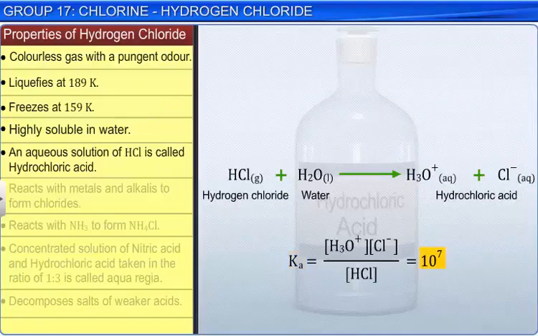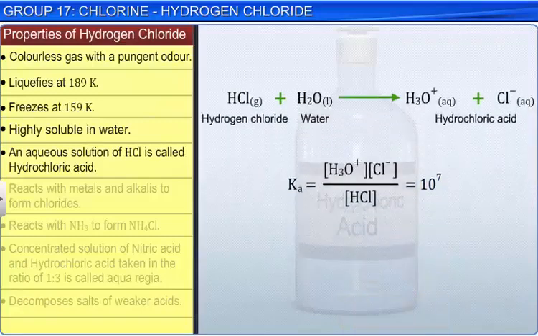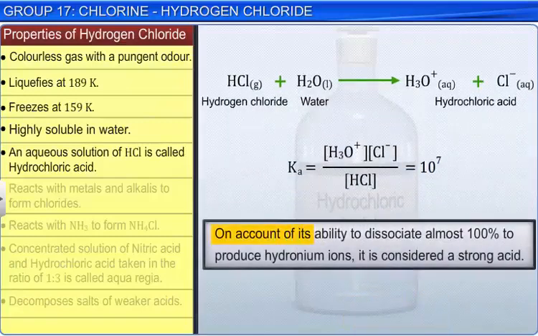The larger value of the dissociation constant indicates that hydrochloric acid is a strong acid. In other words, on account of its ability to dissociate almost 100% to produce hydronium ions, it is considered a strong acid.